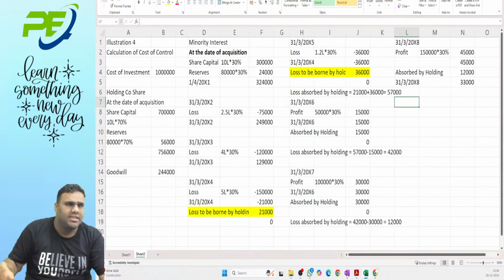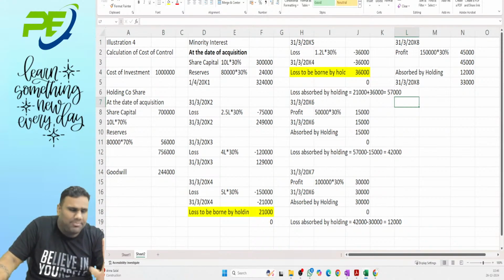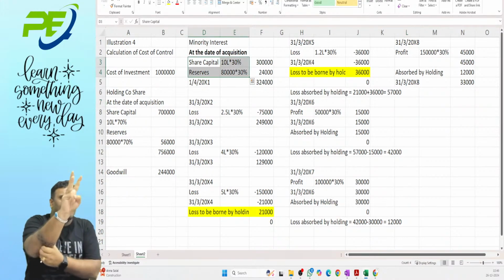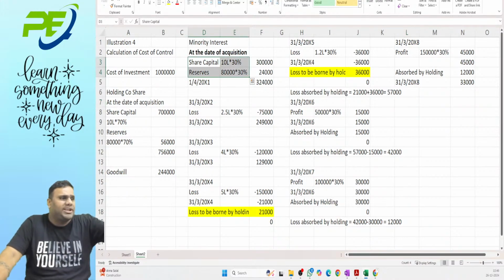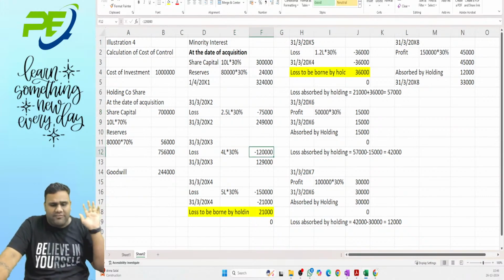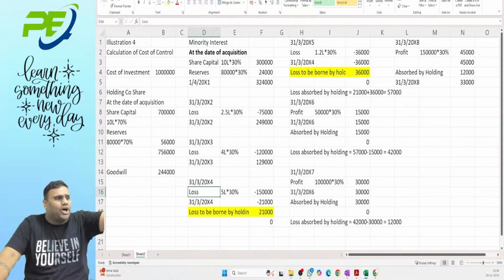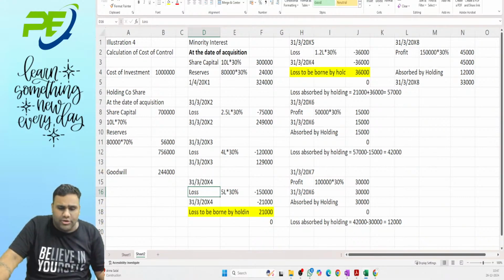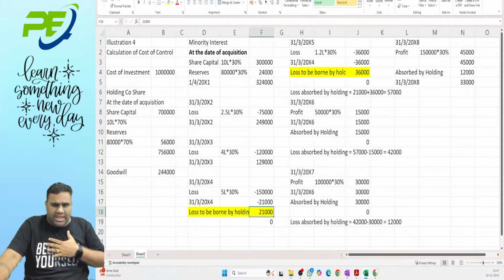Everyone, is it clear? Yes. So I'll repeat again for my satisfaction. On the date of acquisition, 30% was minority interest. We calculated share capital and reserve of 324. In the first year they had a loss, so from 324 we subtract the loss. Second year again loss, we subtract it. Third year again loss, but that loss went beyond zero, so that will be borne by the holding company.